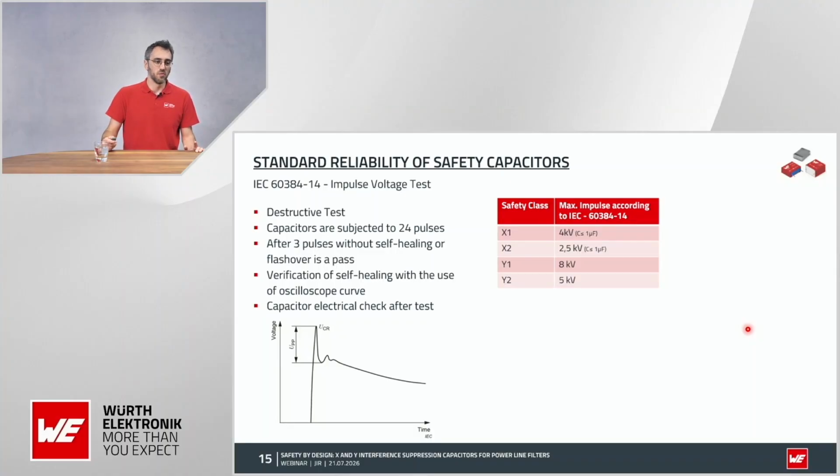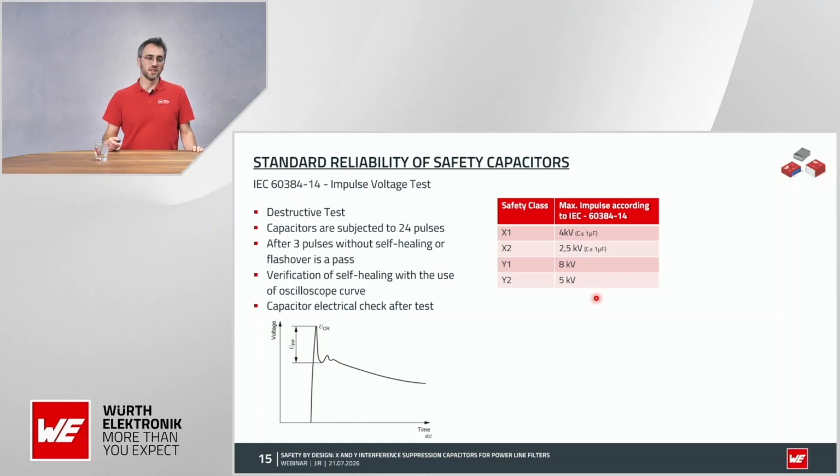One of the main aspects of the standard is the impulse voltage ruggedness. Now, this is the main difference between the different classes. We mentioned before X2 and Y2, but there is also X1 and Y1.